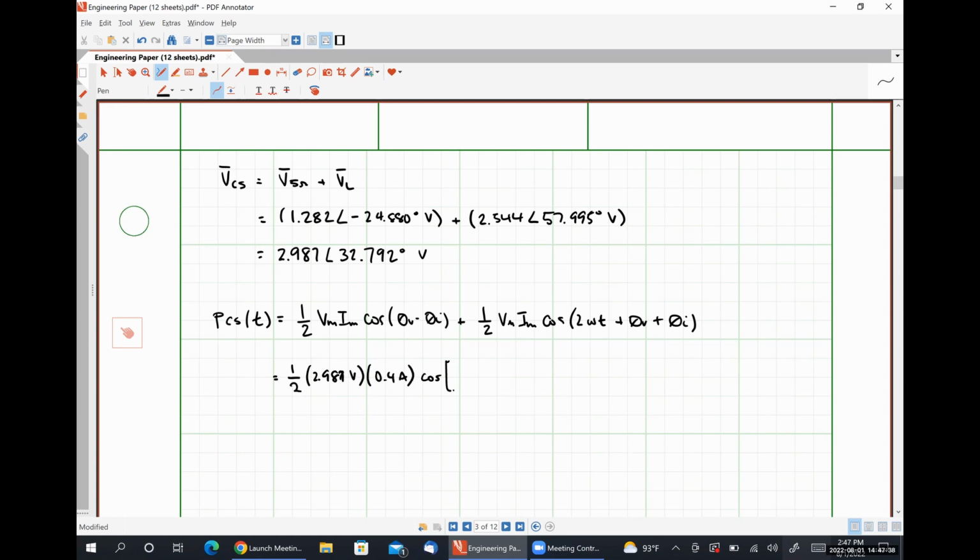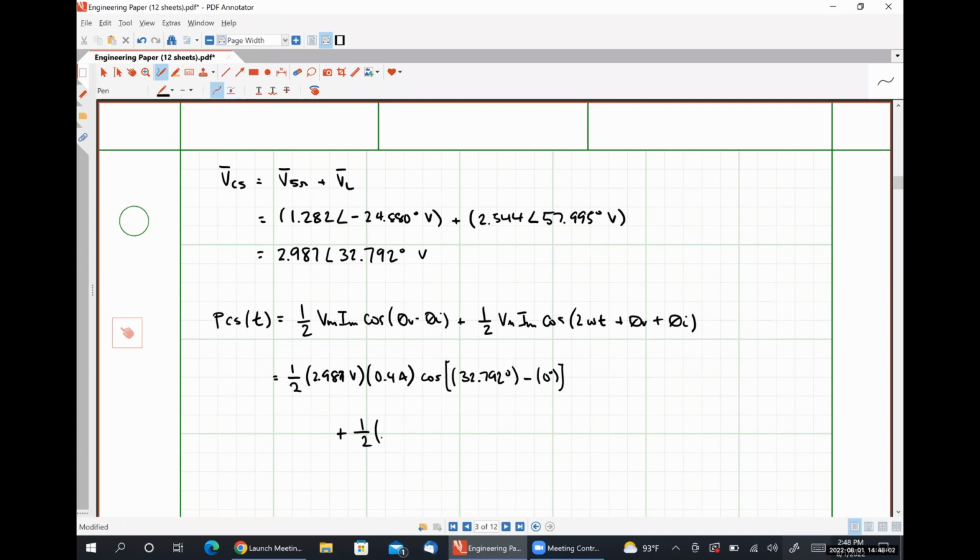Cosine of negative 32.792 degrees, which is theta V, minus 0 degrees, which is theta I. And then I'm going to come over here and continue this.